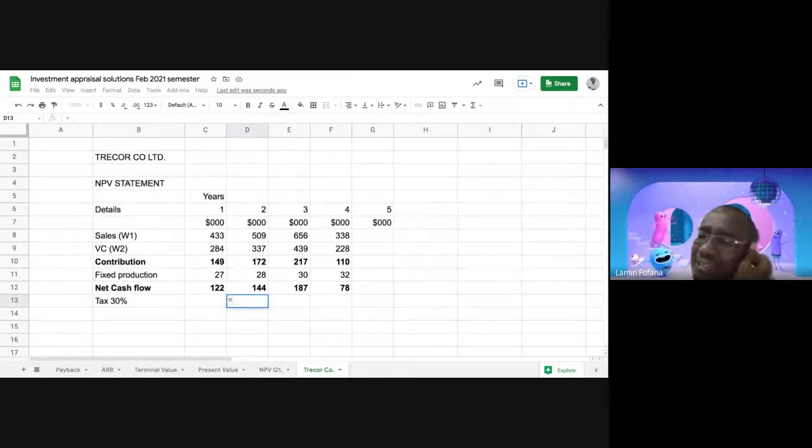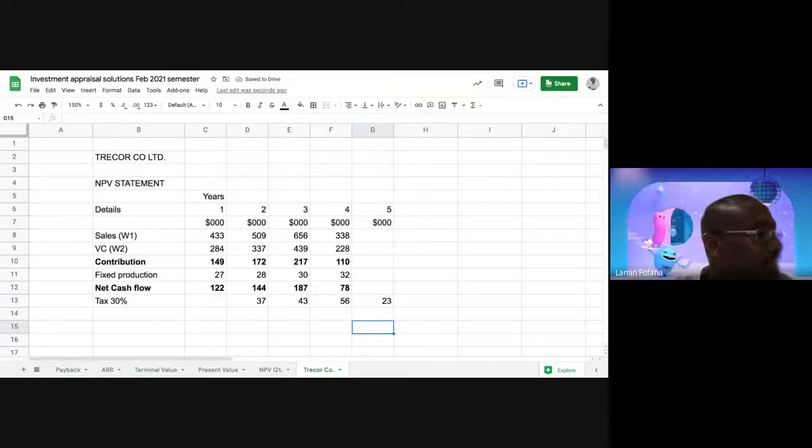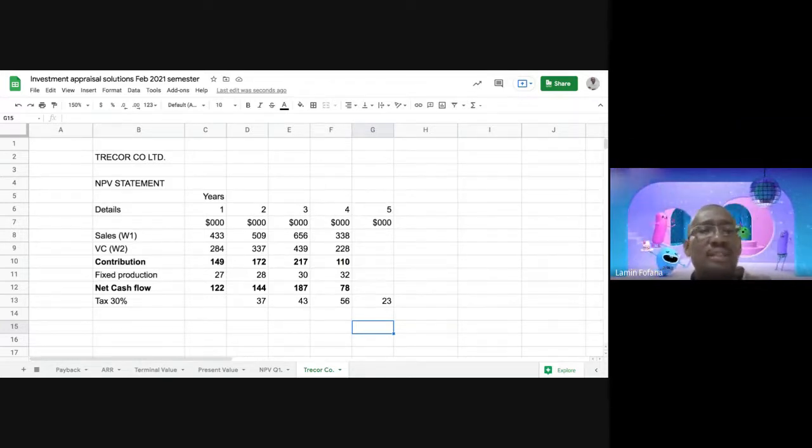If we had tax brought forward that has not been paid, that would be paid in year 1. So we say equals this multiplied by 0.3 as our tax rate, and we just duplicate. In year 4, we're also going to pay tax, but it will be paid in year 5. So tax will be 37, 43, 56, and 23.